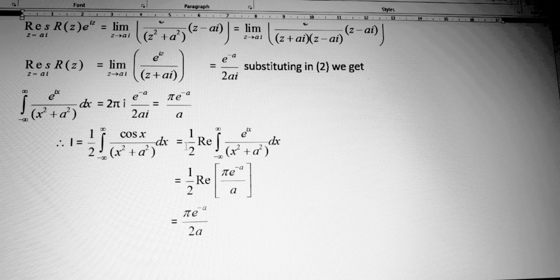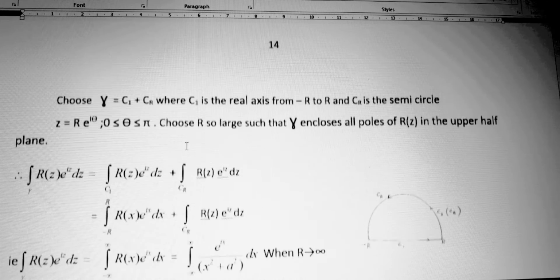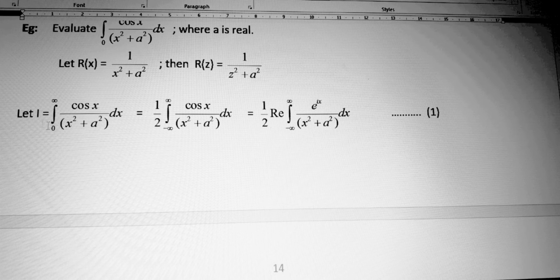Substituting in 1, we get I equal to the given integral from 0 to infinity of cos x by x square plus a square dx, which is equal to half of the real part of the evaluated integral.